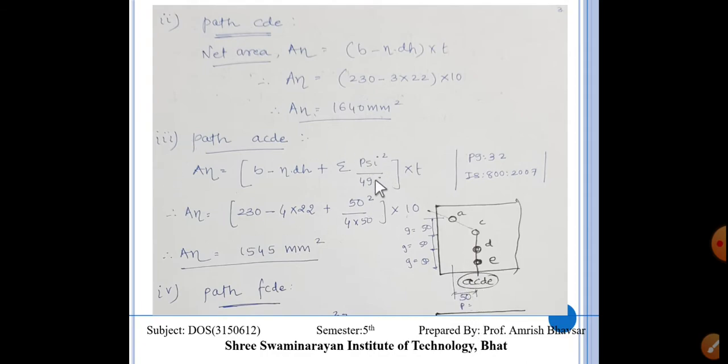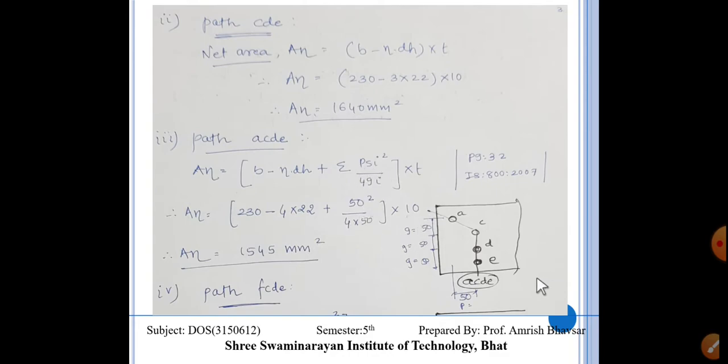So the equation given on page number 32 of IS 800:2007, from that equation we are going to take the B as 230 mm, number of bolts 1, 2, 3 and 4 into diameter of hole, that is 22, plus summation of ps² upon 4g, where ps means the pitch distance and g is the gauge distance.